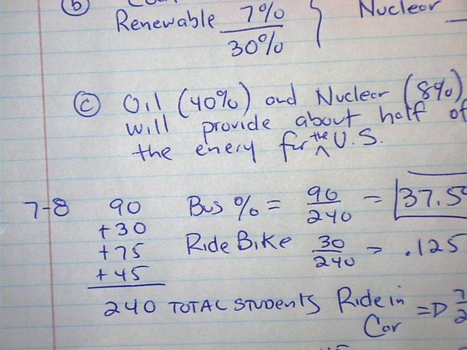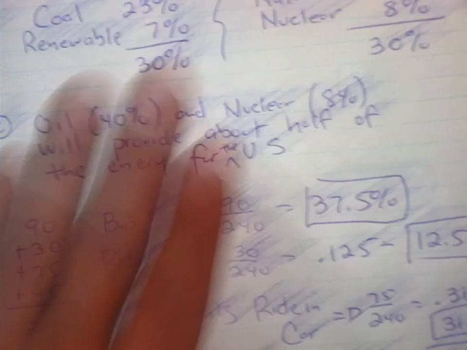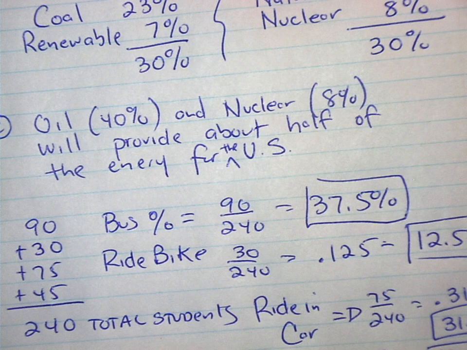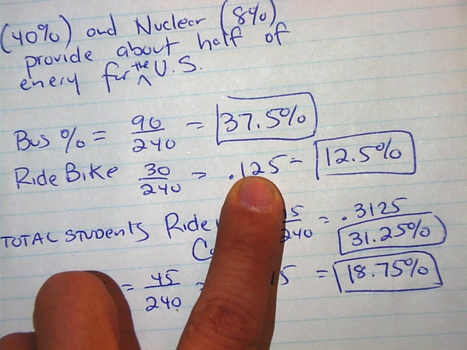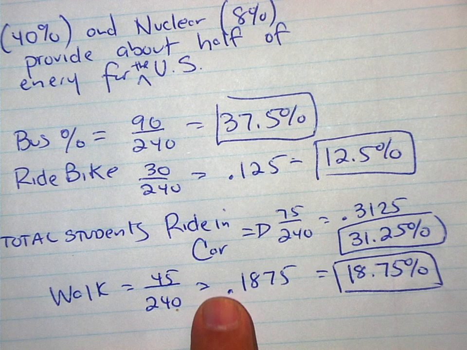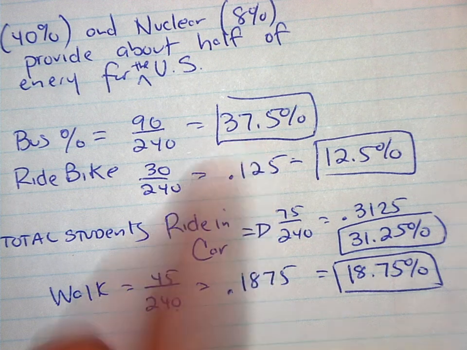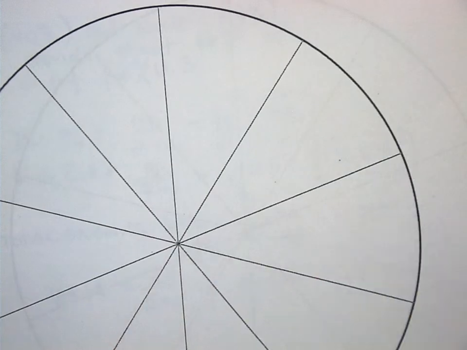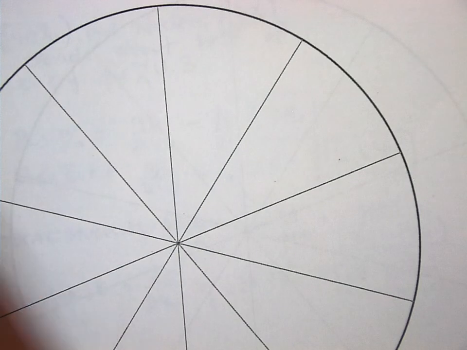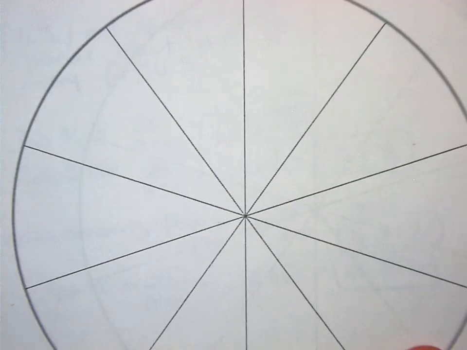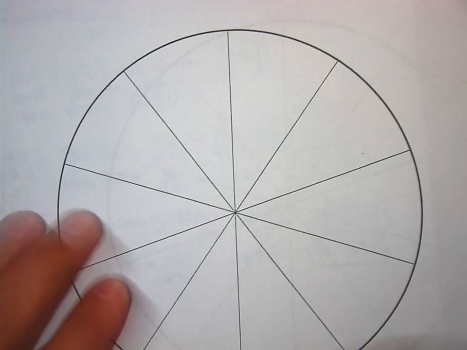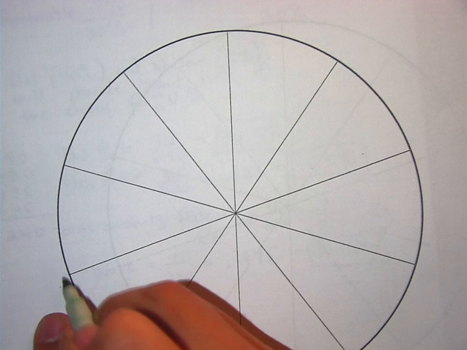So the circle graph. So more or less, let's calculate it. The one that has the most is which one? Students who take the bus, 37.5. So from this worksheet that I gave you, let's go ahead and divide it in half.